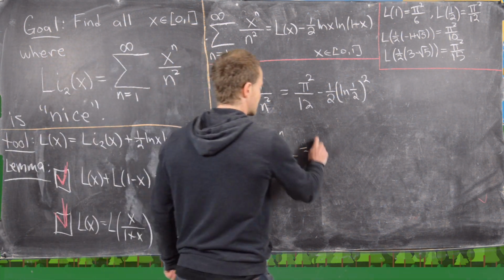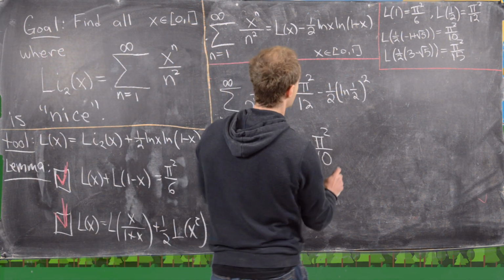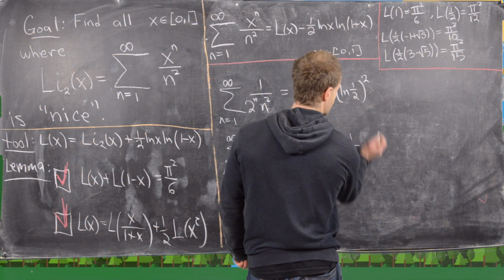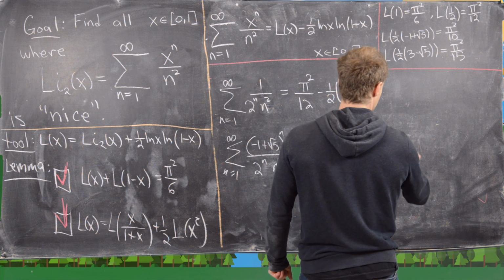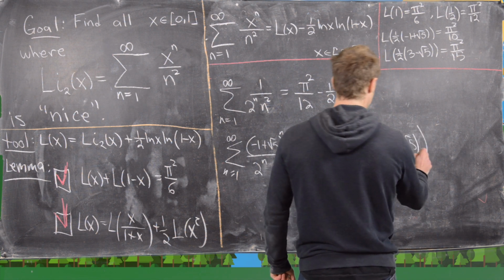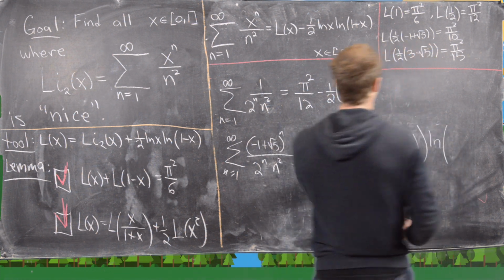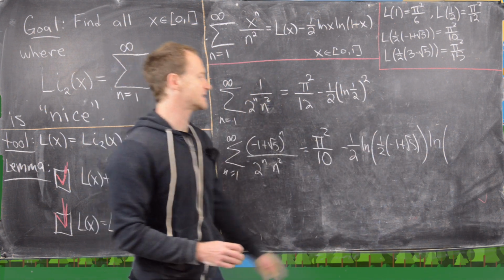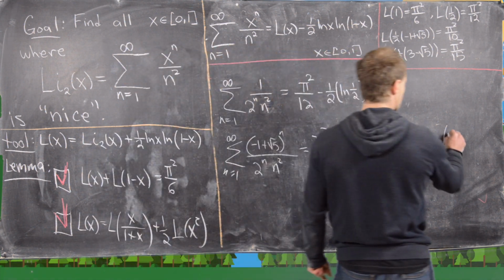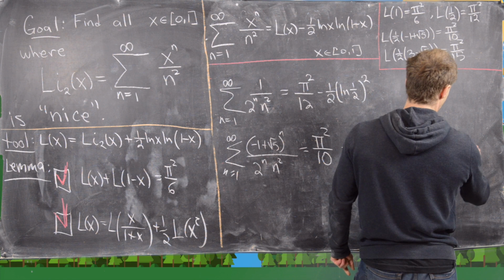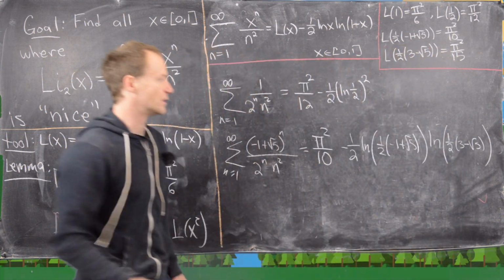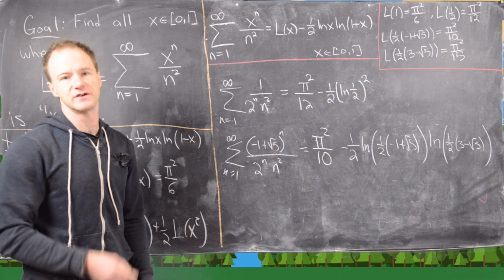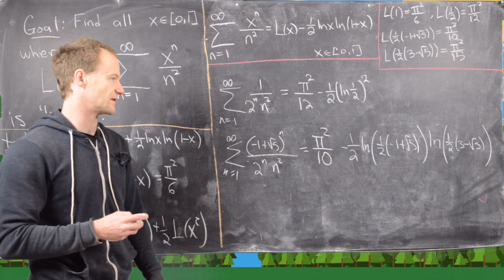So that's going to give us pi squared over 10 minus 1/2 the natural log of 1/2 times -1 plus root 5 times the natural log of, so if you do 1 minus that, you're actually going to get this next term, 1/2 times 3 minus root 5. Good. So we'll get that. And there's actually a way to simplify those natural logs, but again, I'll let you guys think about that.